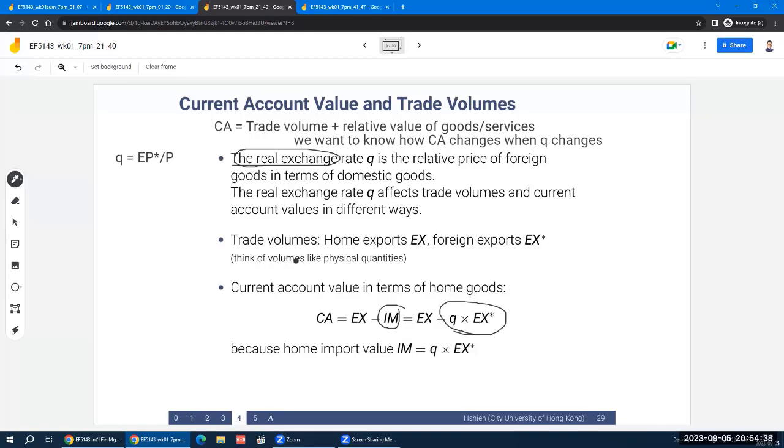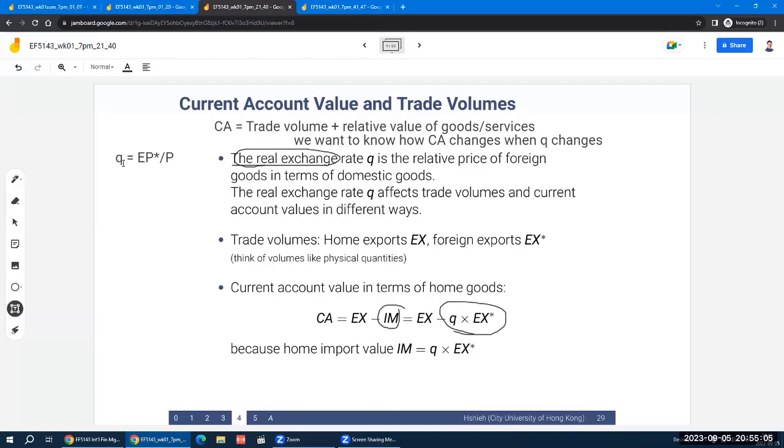So let me start over again. I'm introducing to you this Q because we want to understand how changes in relative prices between countries impact the current account, because that's the main driver of commodity trade flows. If certain goods or services become cheaper elsewhere, you want to import that good and stop consuming goods domestically, right?